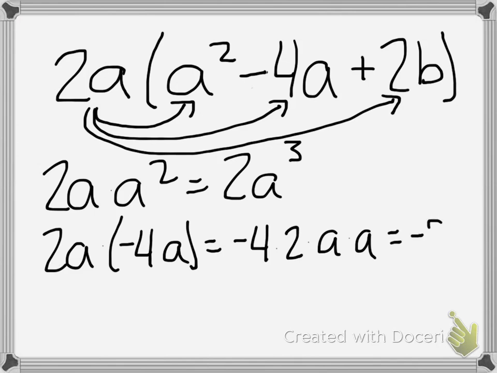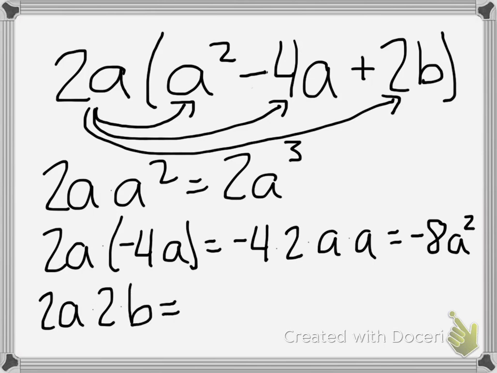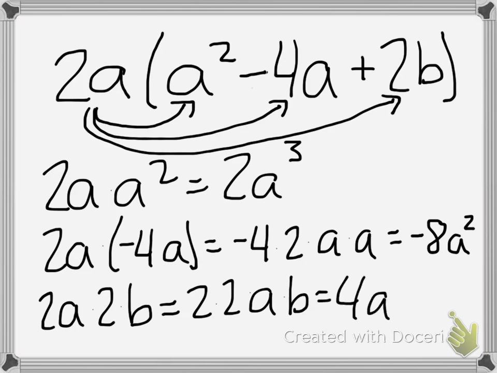So I have minus 8a squared. And then 2a times 2 times b. 2 times 2 times a times b, that's just 4ab. So I have 2a cubed minus 8a squared plus 4ab at the end. Okay?